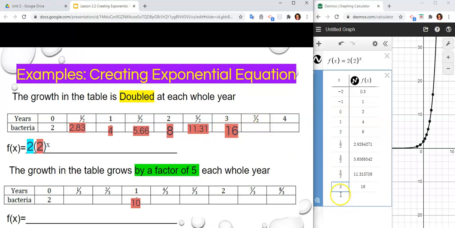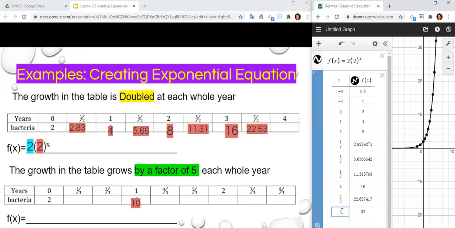After 3.5 years, so let's see, 7 divided by 2, I should have 22. And there you go. And after 4 total years, I put in 4, I should have 32 bacteria that are added up.